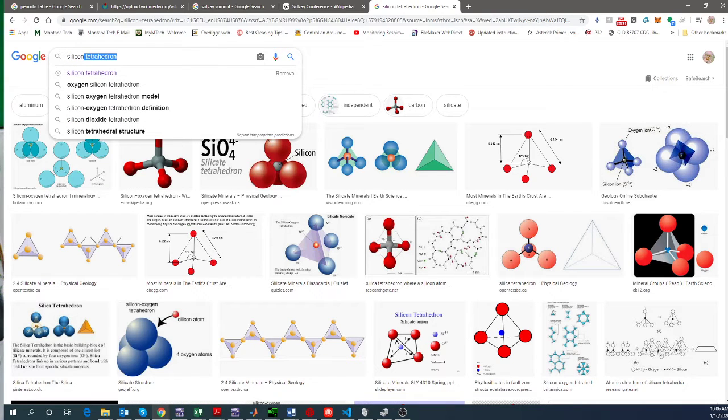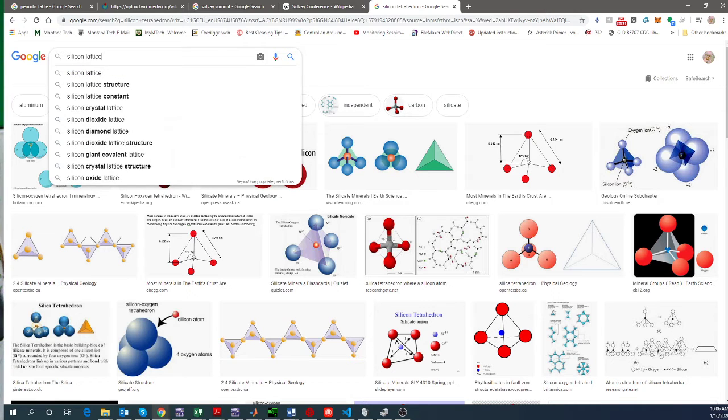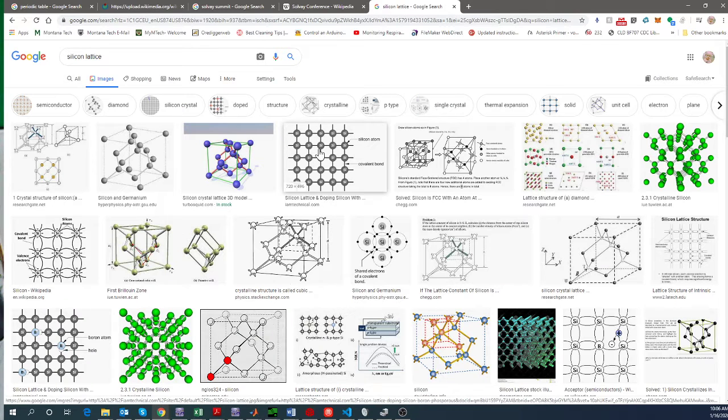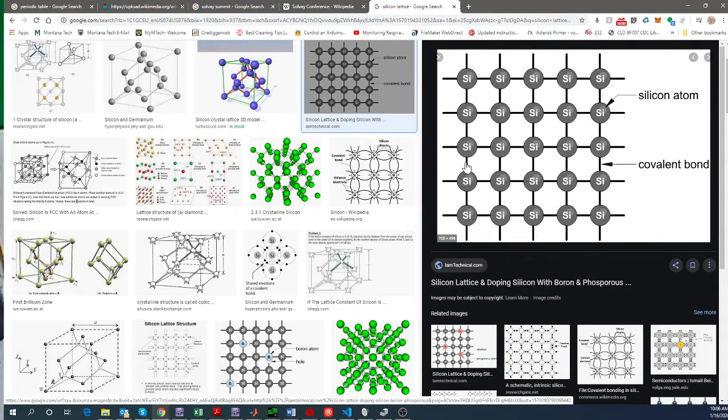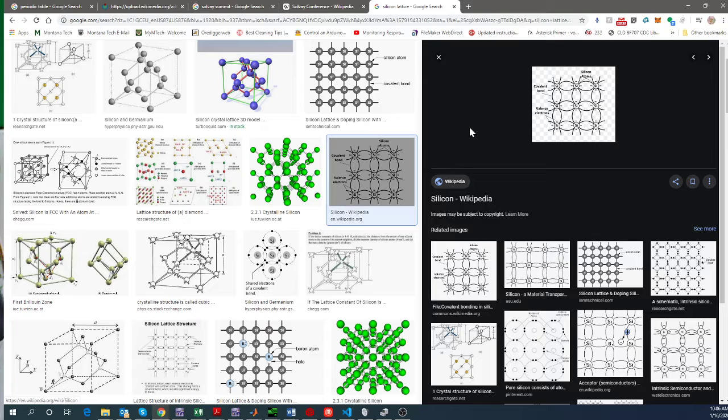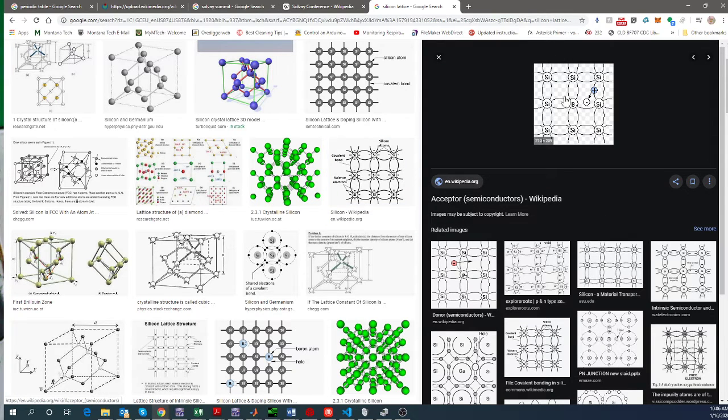In the book and in other places, they just say silicon lattice, and they call it a square lattice. They do it in 2 dimensions just to give us a better view. This is a good example of a silicon lattice structure, but it's actually 3-dimensional, not 2-dimensional. Maybe this one is even better. Let's see if we can find one that's bigger. They even doped this one with something like boron.